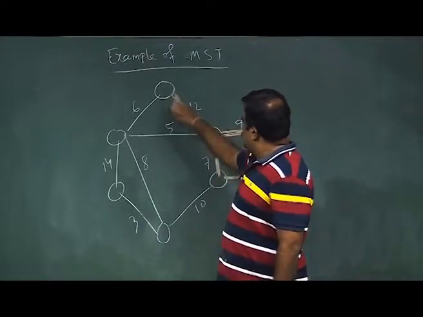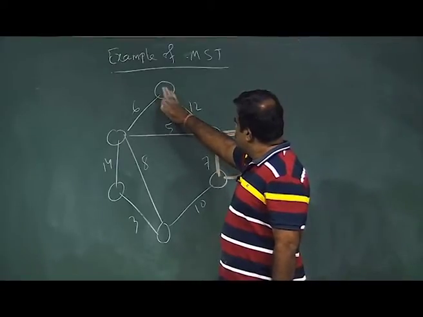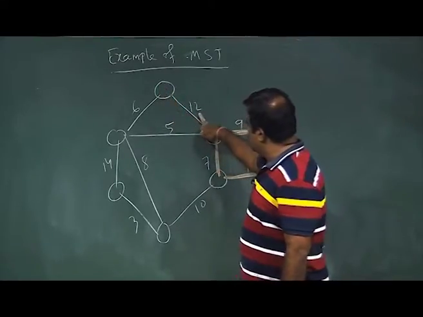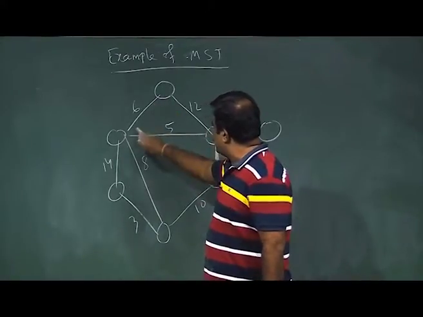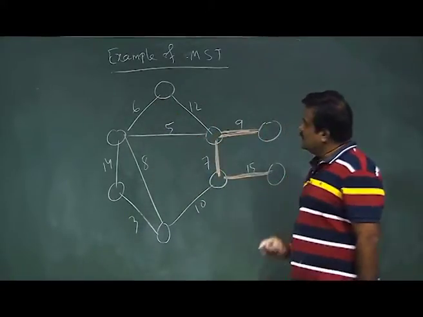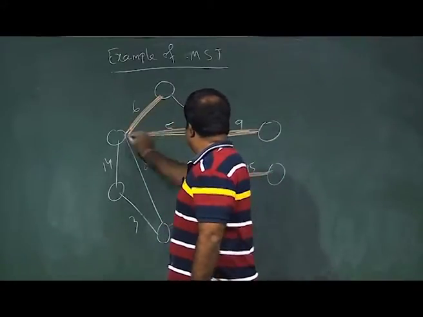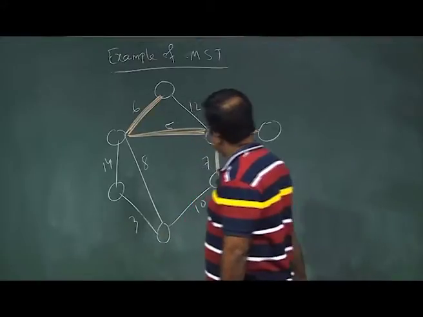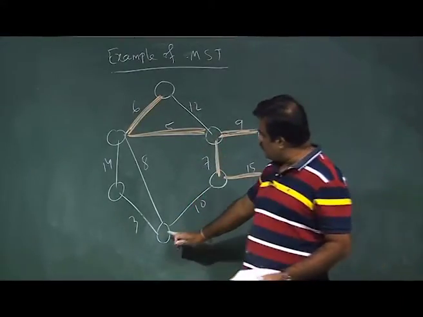If we take this edge, it is covering only this vertex with a cost 12. Instead of that, if we take this edge and this edge, it is covering these two vertices with a cost of this. So this is the intuition. So we must take these two edges. So this is 5.